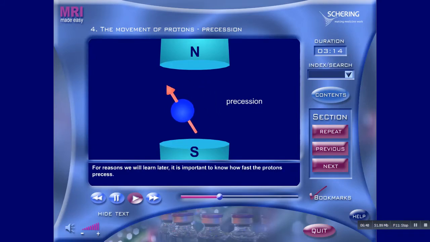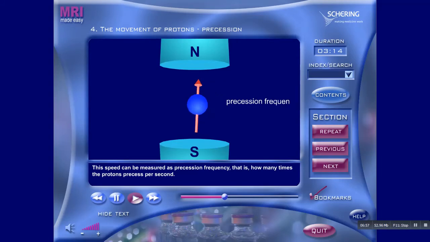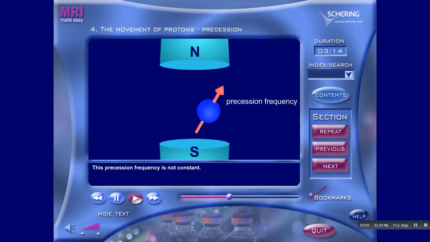For reasons we will learn later, it's important to know how fast the protons precess. This speed can be measured as precession frequency. That is, how many times the protons precess per second. This precession frequency is not constant. It depends upon the strength of the magnetic field in which the protons are placed.